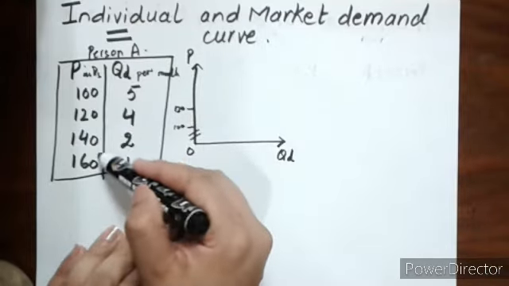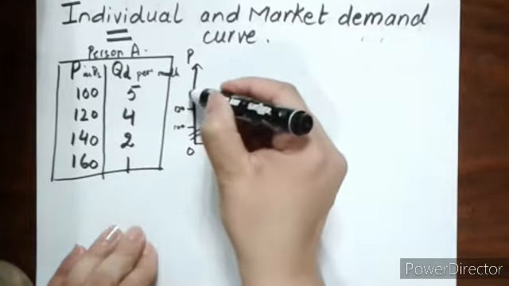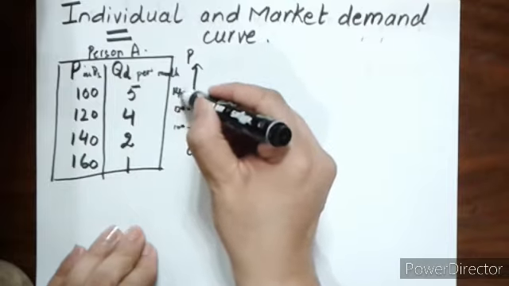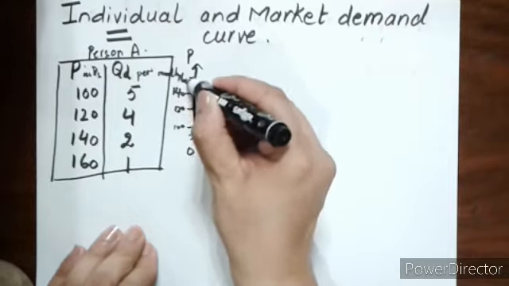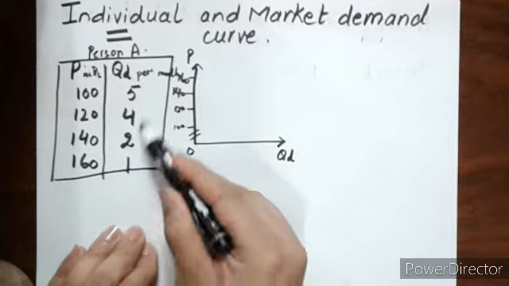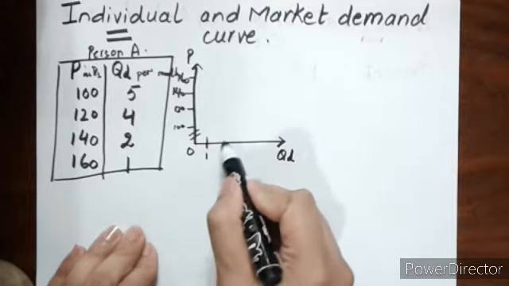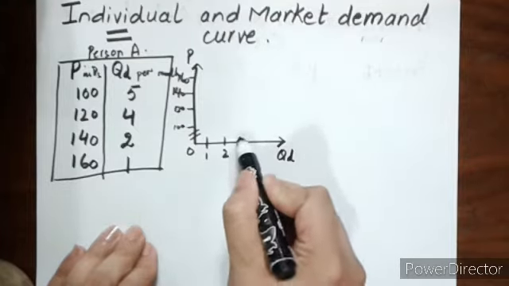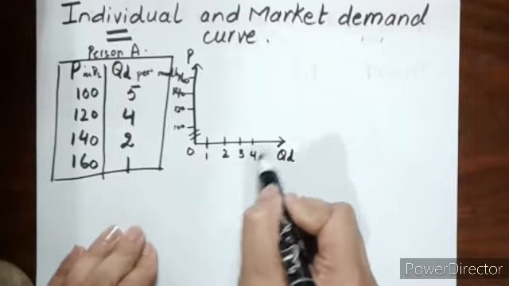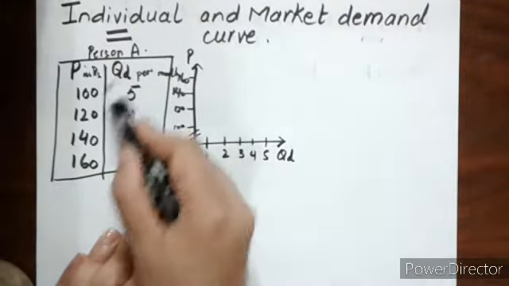Since there is a gap of 20, so we can take it as it is: 120, 140 and 160. Over here my values start from 1, 2, 3, 4 and 5, since they will cover all these values.